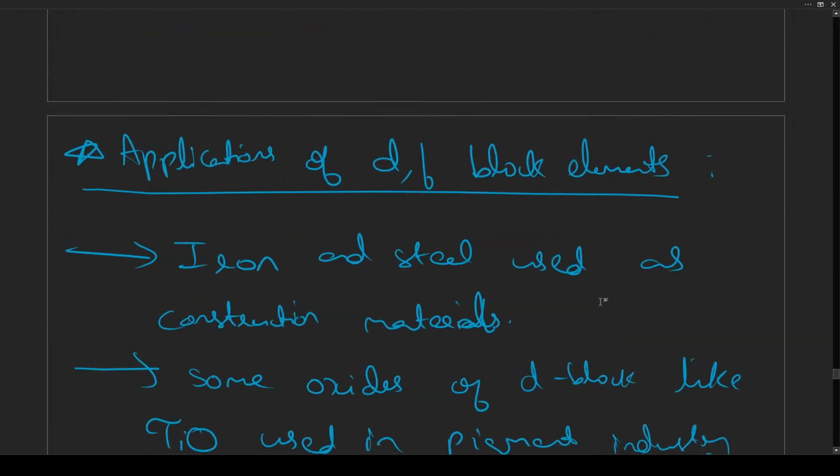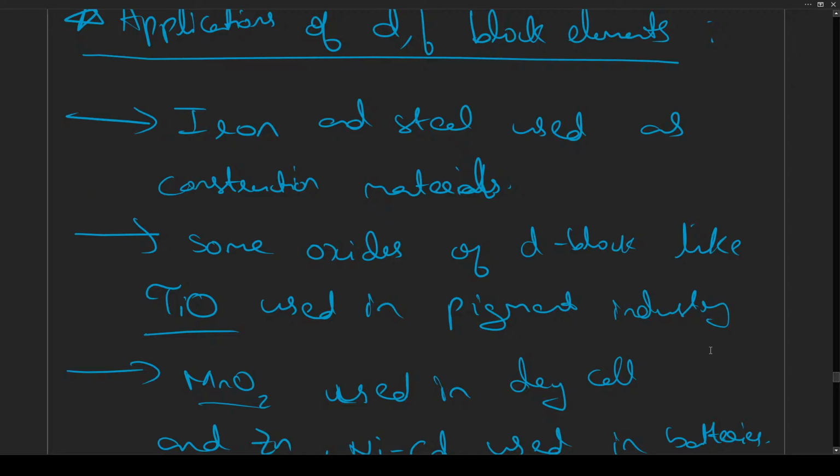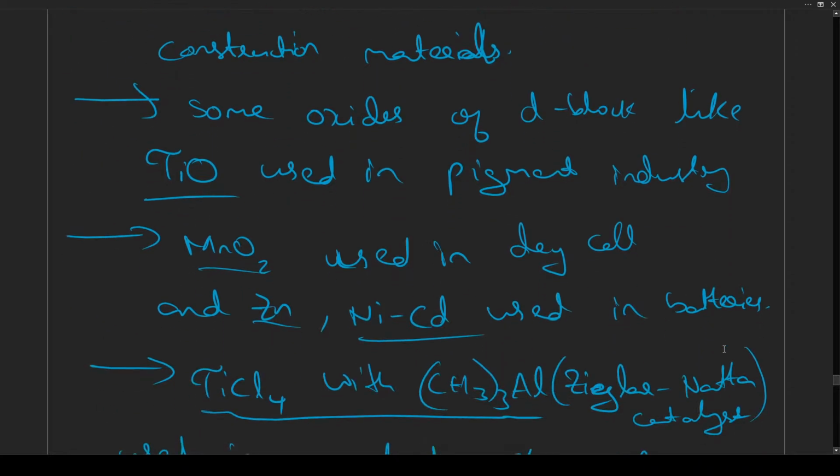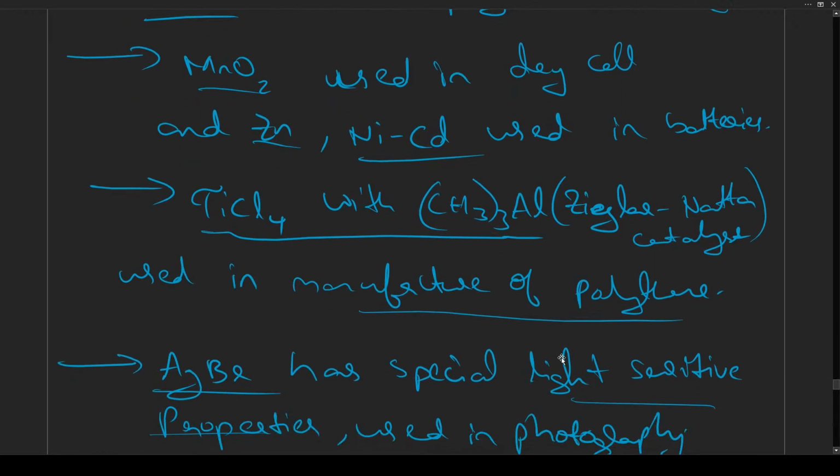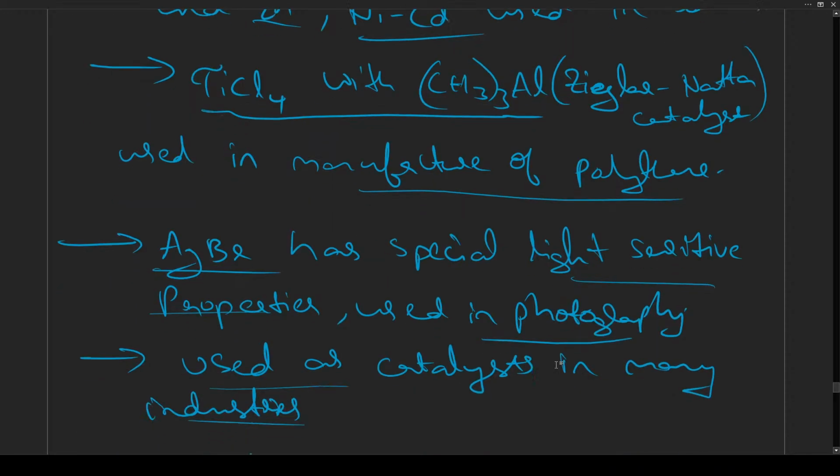Let's see one more time. Iron and steel, easy to remember, construction material. Some oxides of D block, like titanium oxide, used in pigment industry. MnO2 used in dry cell. MnO2, zinc, nickel, cadmium used in batteries.